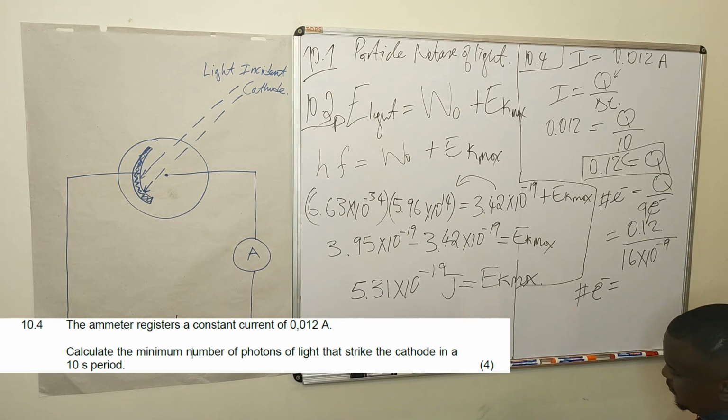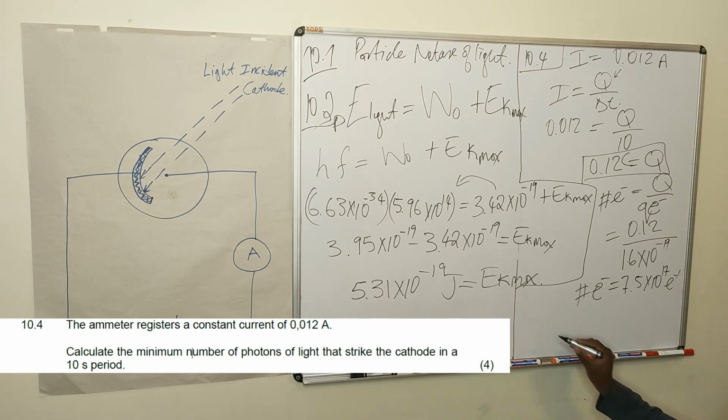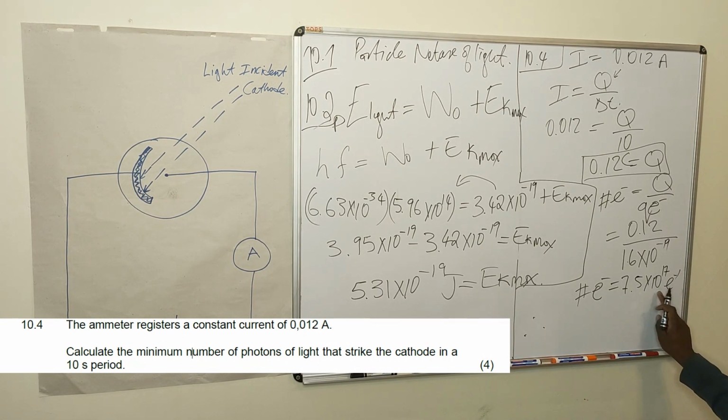So you have 7.5 times 10 to the 17 electrons, right? This is the number of electrons emitted. Therefore, this number of electrons is released by the same number of photons.